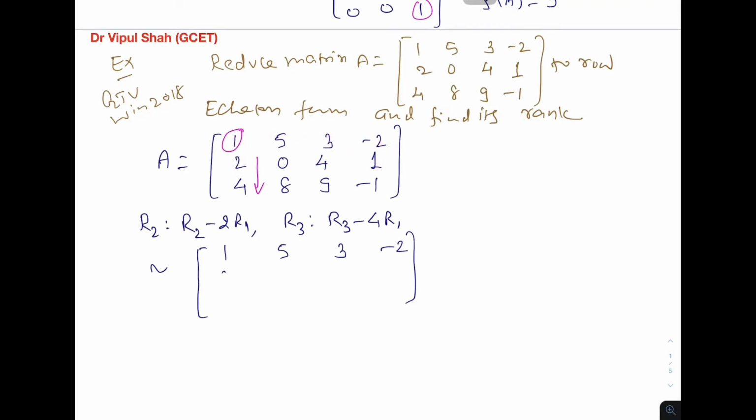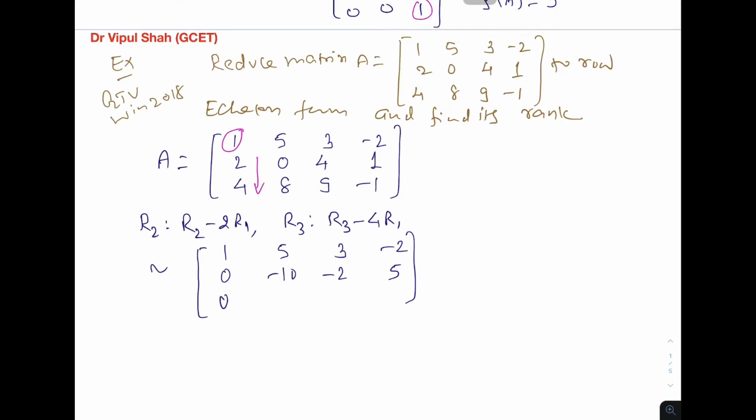So -2 plus 2, 0, this is -10, then this is -6 plus 4, -2, this is 4 plus 1, 5. Similarly here multiply with -4 and add here.